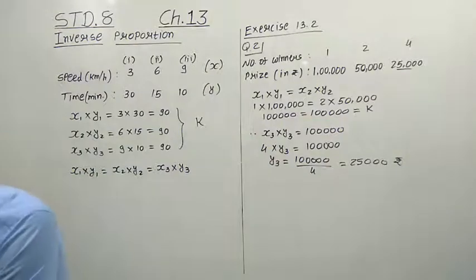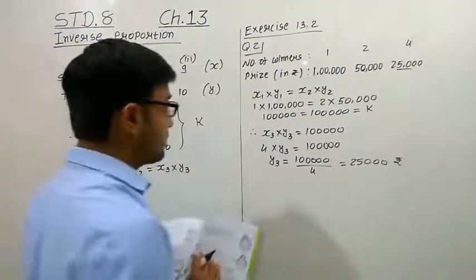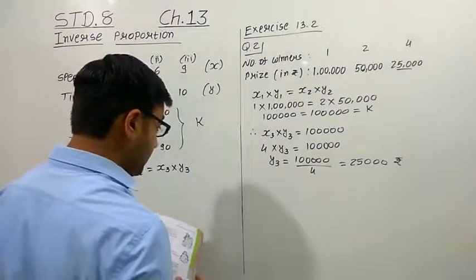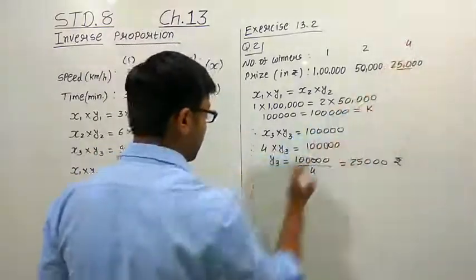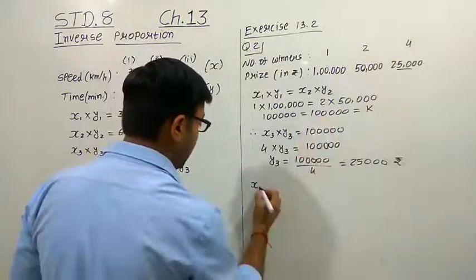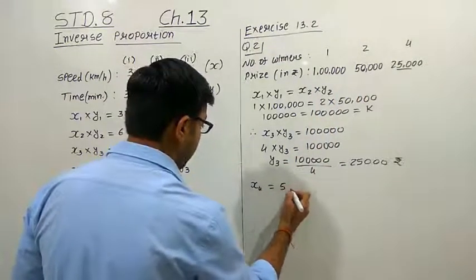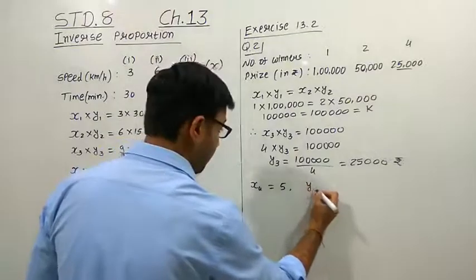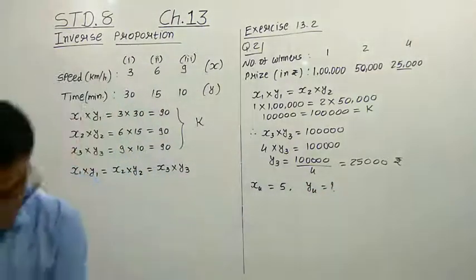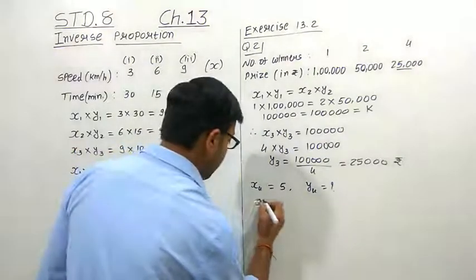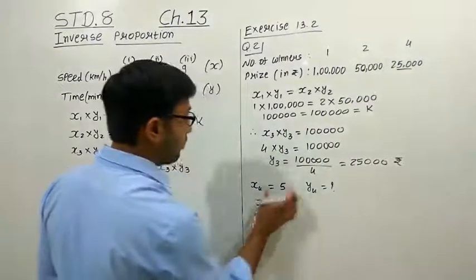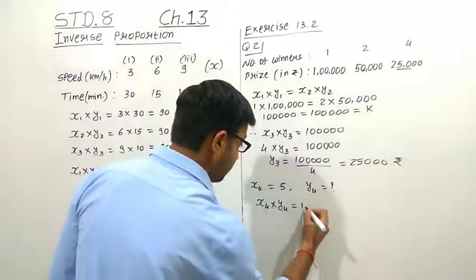Right? So here many other cases are given. Let's suppose for the next case, the number of winners is 5, that means x1, 2, 3, 4, x4 is given as 5, then we have to find out y4. So let us do this here. We know that x4 and y4 must multiply to the constant, and that is 1 lakh.